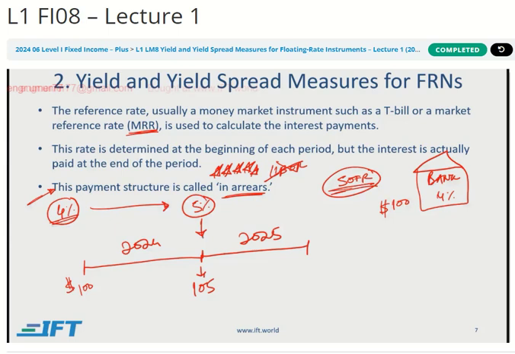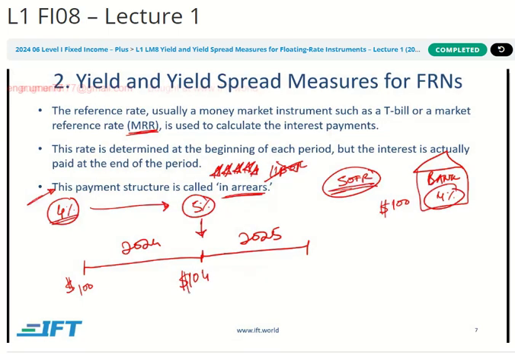Because 5% is the 2025 rate and we have to calculate the 2025 interest. So they just say it's going to be 5%. Well, it's not going to be 5%. Because, again, with the bank example, the rate that is quoted to you is what you get after the period has passed, right? So this is paid at the end of the period, and this payment structure is called in arrears. It's paid in arrears. So please don't make that mistake.